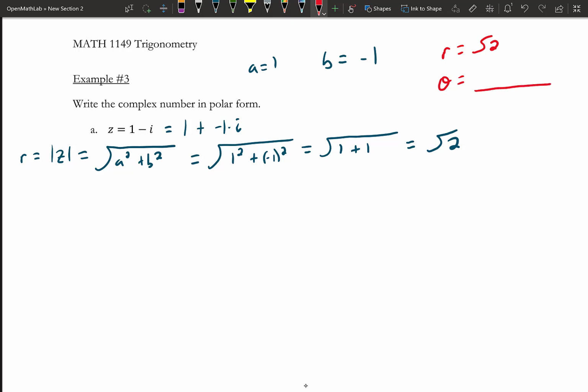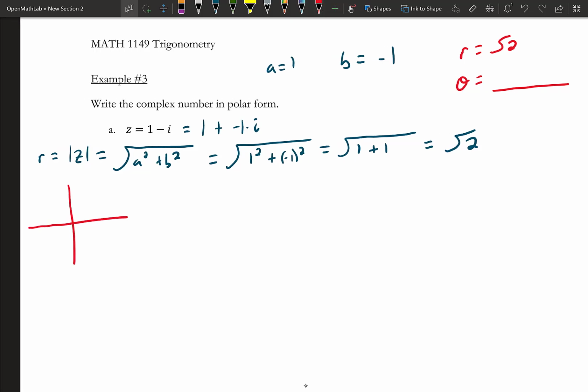So what I would do is plot the point AB, in other words, 1, -1. And you can see that that point is in the 4th quadrant. So there is theta, and then this part in green, maybe I'll call that alpha. That's the reference angle for theta.